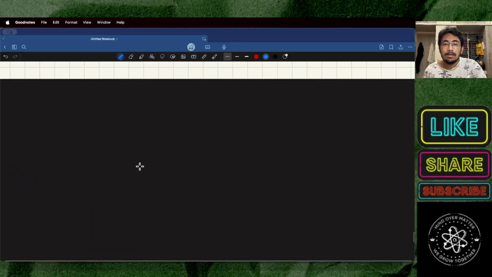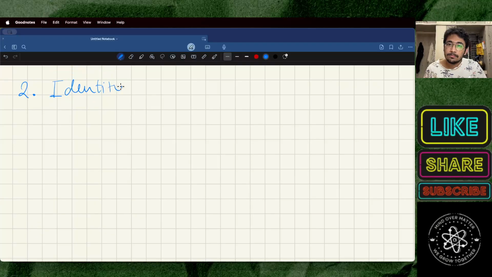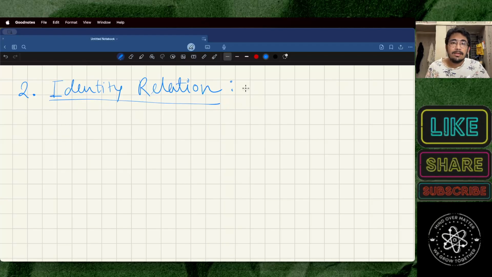Let's go to the second one, the identity relation. What is this? This says that each element is related to itself and not to any other element. How will it look?